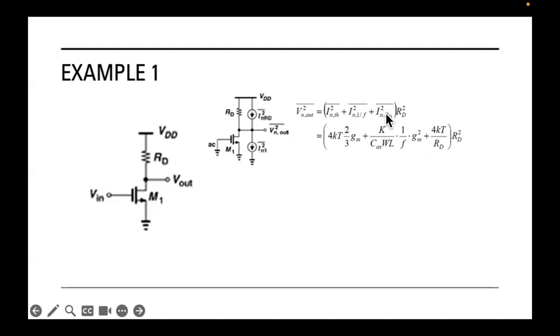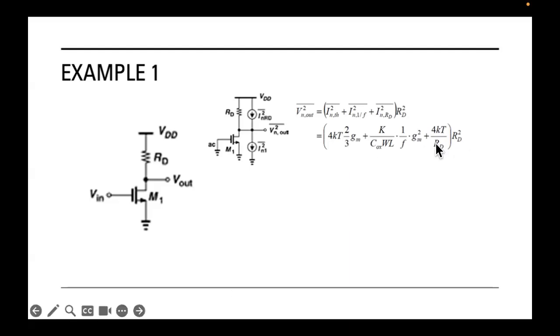So in order to transfer this current into voltage, we have to multiply by resistance square. This means that the output voltage due to the noise is simply the summation of all these currents multiplied by RD square. So you get here RD square times all these parameters.